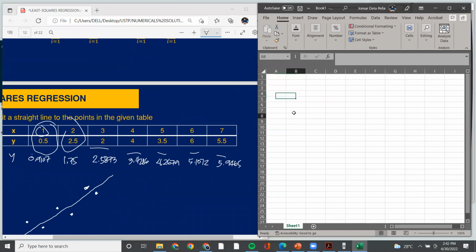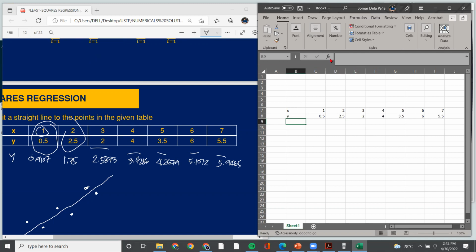Okay. So we have the x: 1, 2, 3, 4, 5, 6, and 7. And y: 0.5, 2.5, 2, 4, 3.5, 6, and 5.5.